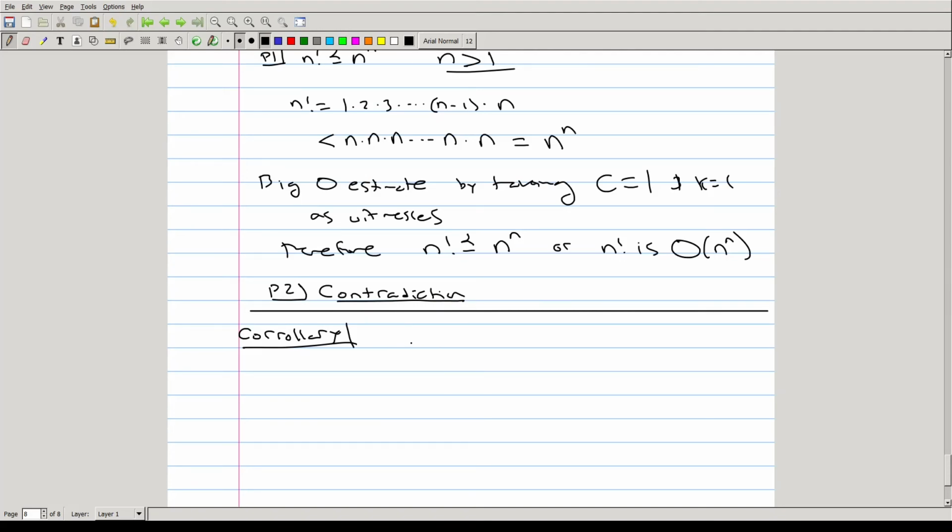It's that the function log of n factorial is big O of n times log of n. Or in our Hardy notation, that log of n factorial is dominated by n times log of n.